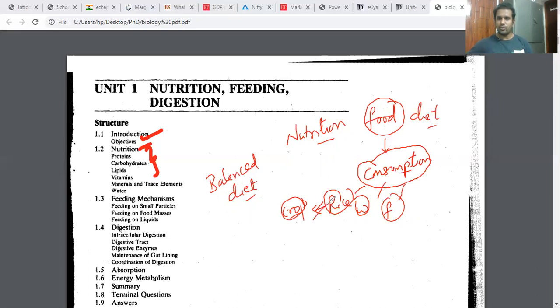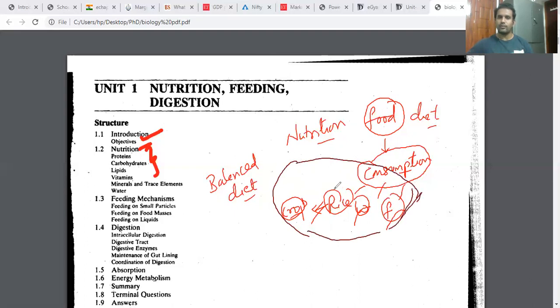We derive one nutrition from this, another nutrition from this, another nutrition from this. So actually, what we require is a total complex food intake we require.